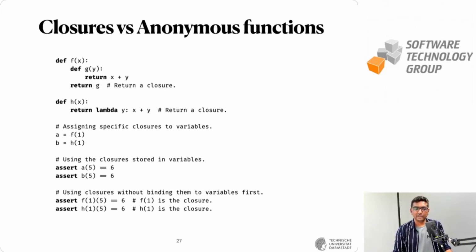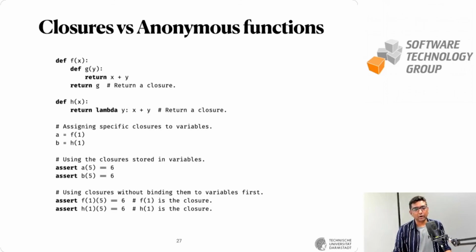Then you're defining h of x, which also returns a closure, but this closure is not named. So this is called an anonymous function. You're using the keyword lambda, which says that internally there is a function y, which computes x plus y. The only difference between the variant above and the variant below is that the lambda does not have a name, whereas the closure above has a name, which is g.